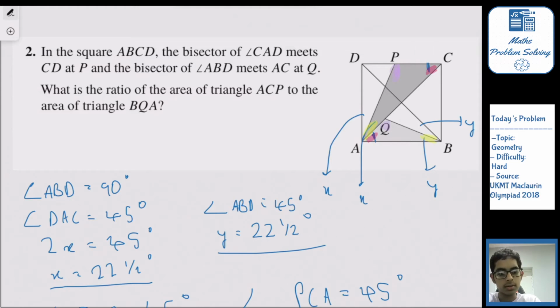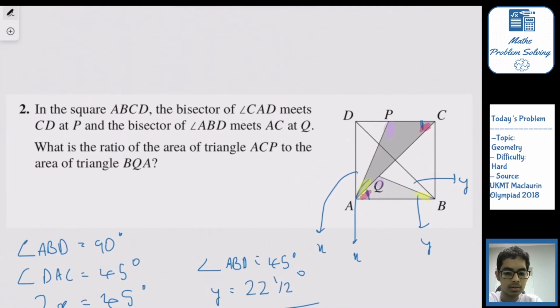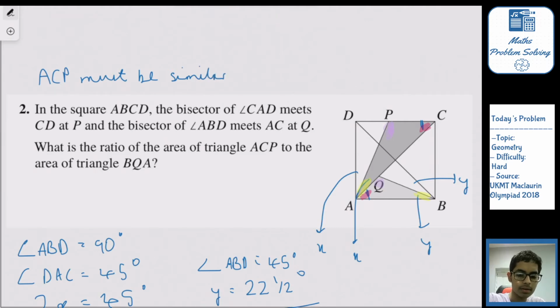Okay, and now we know that the two triangles are similar. So let's just write that up over here. So ACP must be similar to BQA.